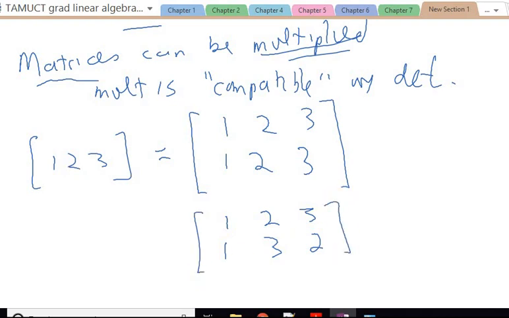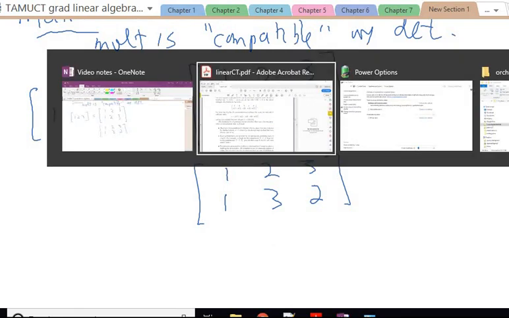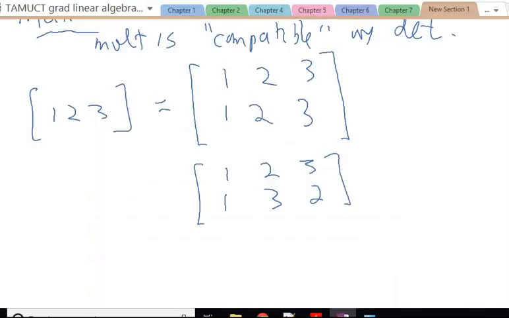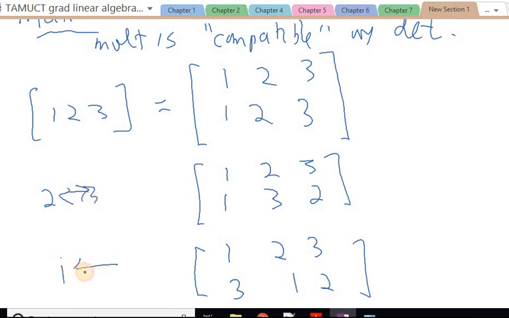And then, after that, he says I swap 1 and 3. Okay, so swap 1 and 3 would look like 1, 2, 3. Then this would be 3, 1, 2. So this is swap 2 and 3, and this is swap 1 and 3. Whoops, sorry. Kind of got ahead of myself. 1 and 3.